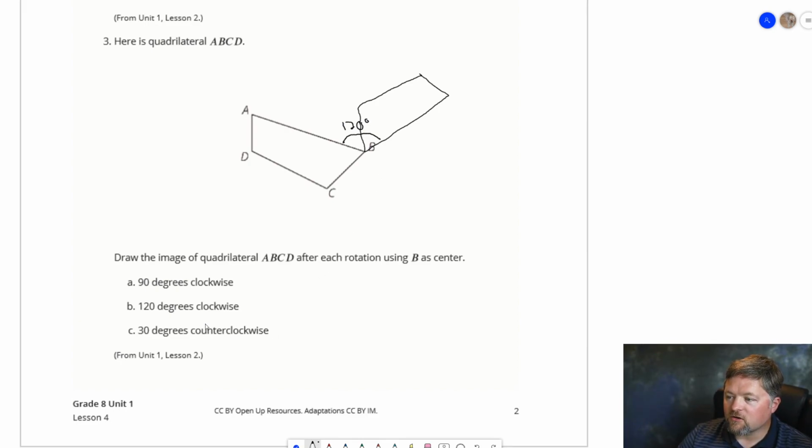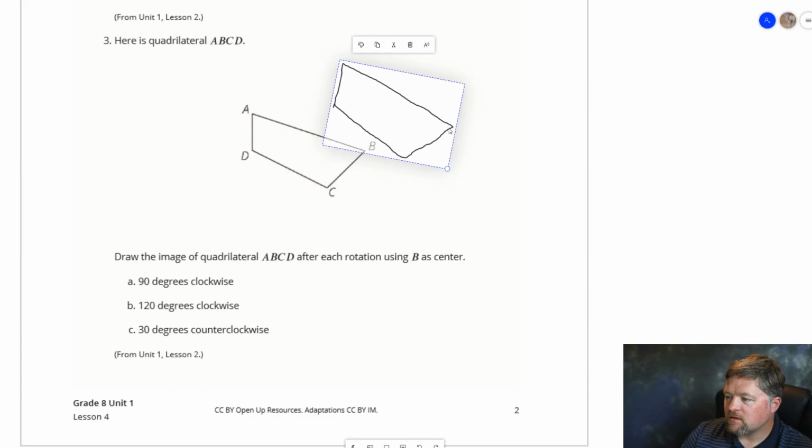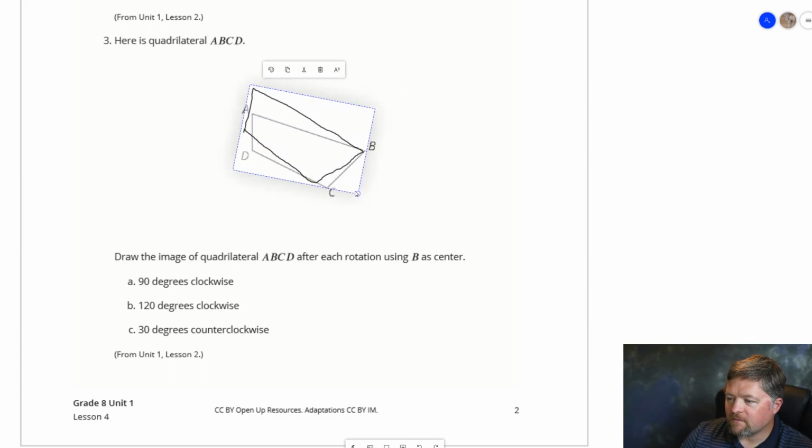Or 30 degrees counterclockwise. Let me get this lined back up here.